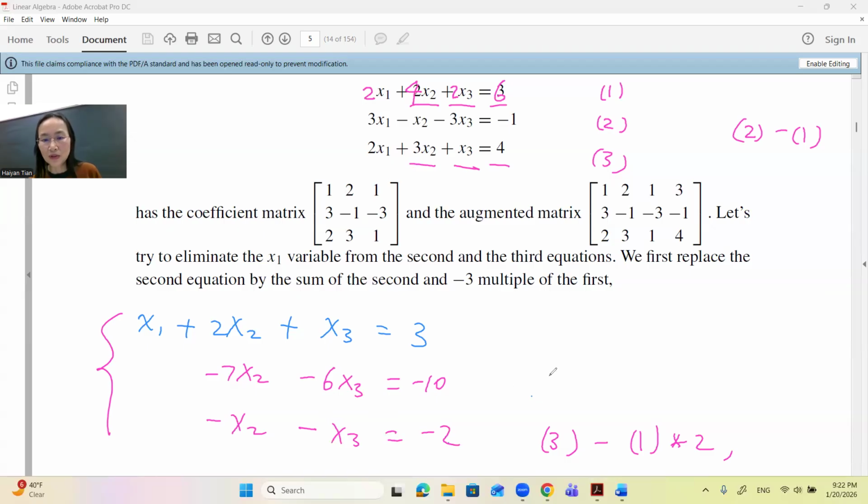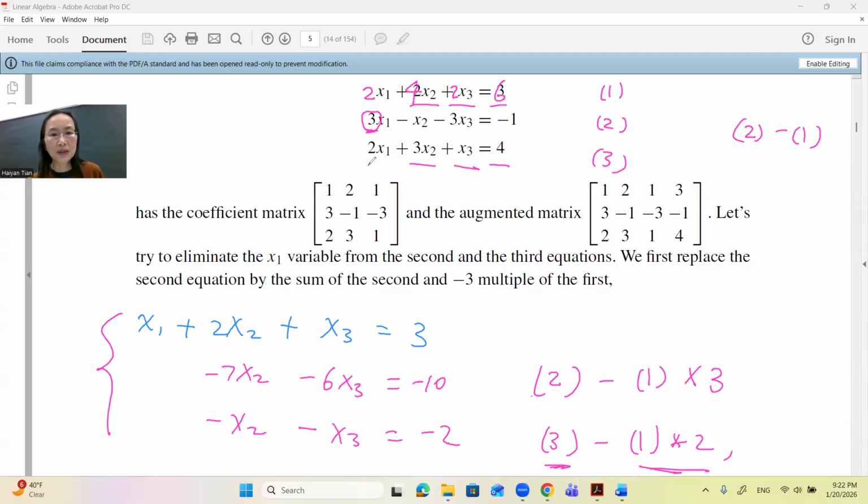How did we do that? Just second equation minus a multiple of the first equation. What multiple? It's a 3 because of this 3. So a multiple of the first equation is subtracted from the second equation. A multiple of the first equation is also subtracted from the third equation.